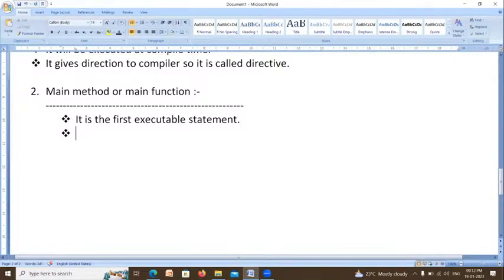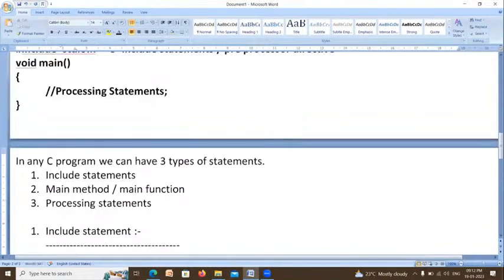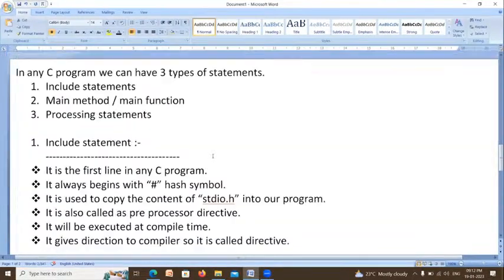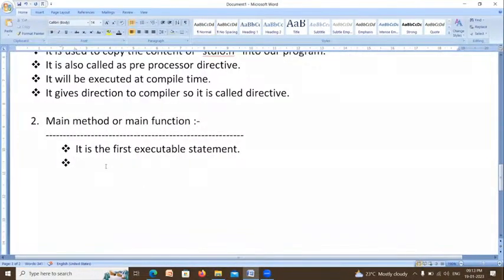Now, it is very, very important. Without the main method, you cannot write a C program. It is core, which means very important. It is mandatory, which means it is compulsory.